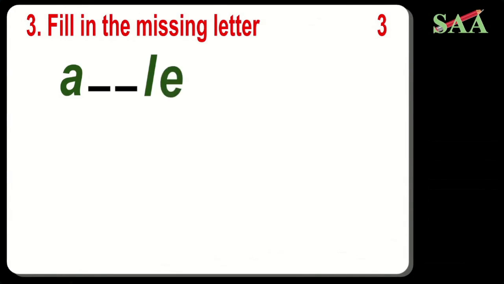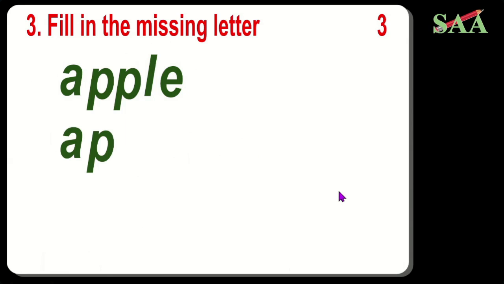Now Gaurav, raise your hand. Gaurav, tell me, here two letters are missing. Can you tell me what will be the letter here? Double P. Yes, right, double P. Then what will be the word? Apple. Good.